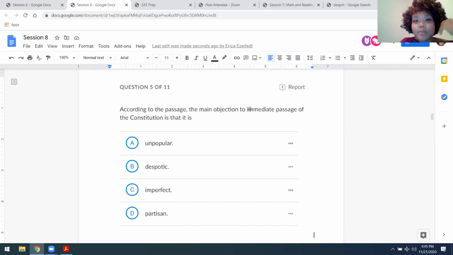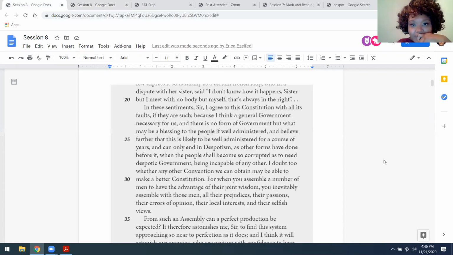I say the main objection all throughout the passage, Franklin is talking about how the Constitution is imperfect and how there are objections to it. So right there, you can know that it's imperfect. There are several lines that we could look at too.